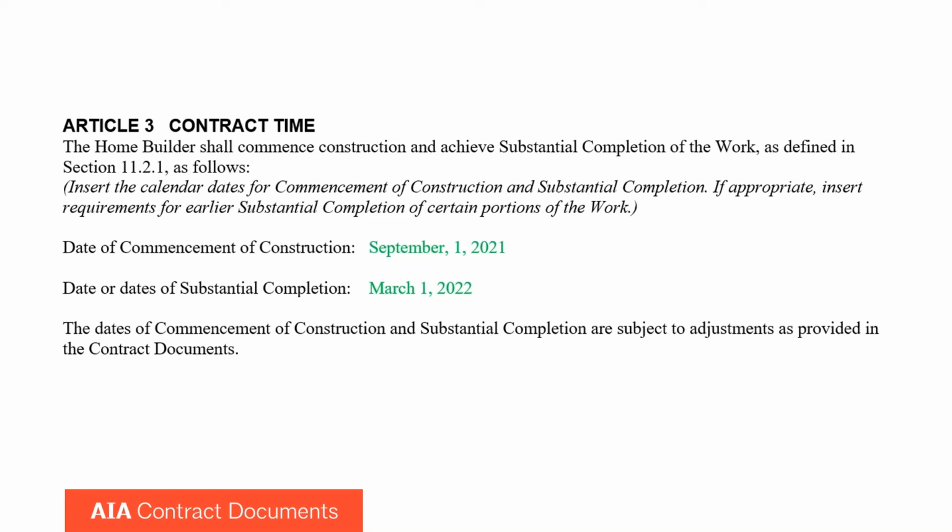Substantial completion is defined as the time when the project is occupiable and functional for a homeowner. So this would be the stage of the project where the homeowner can move in and completely use the home, all the appliances, all the functional aspects, the plumbing is working, electricity, and so on.